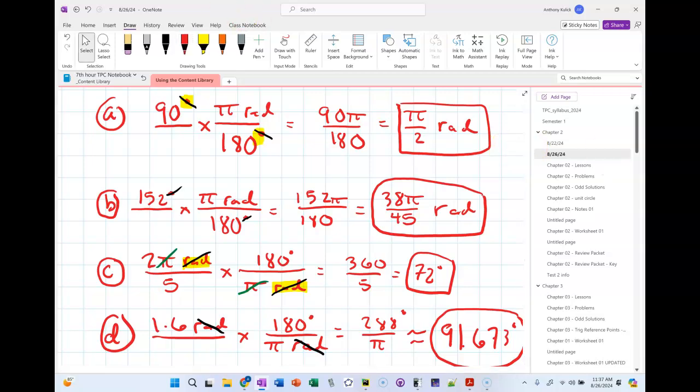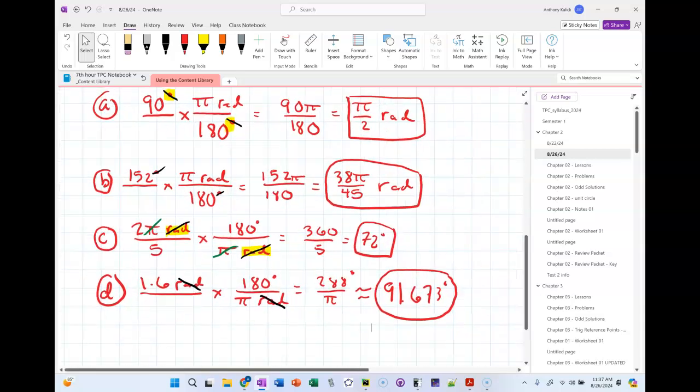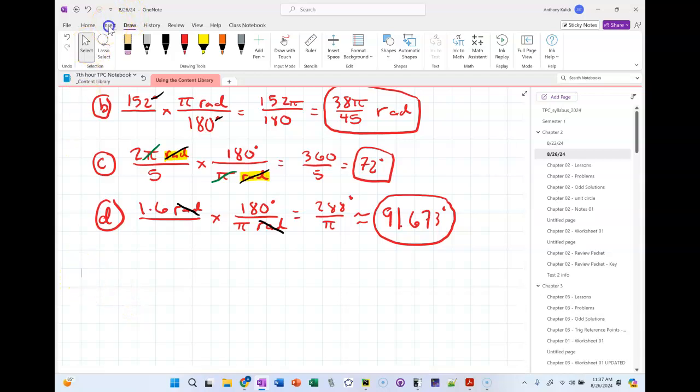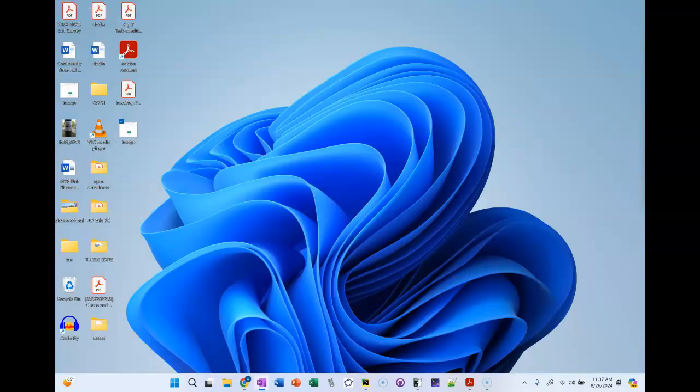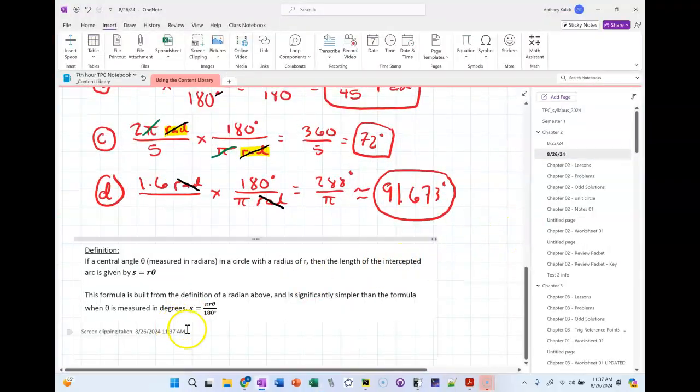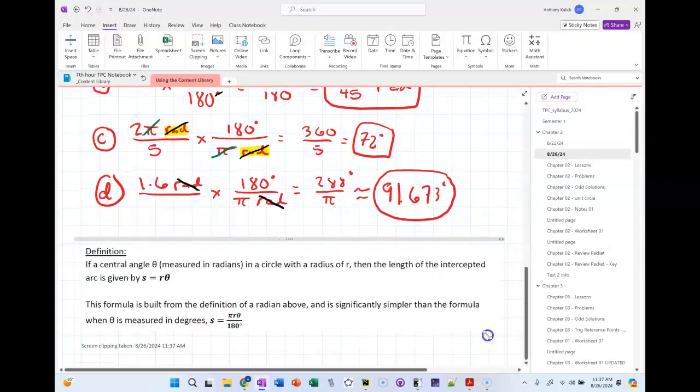Good. So the next thing we're going to talk about is calculating arc length. If I have part of a circle and I want to find out what the length of that part of the circle is, I'm going to use my arc length formula. There's two different versions.